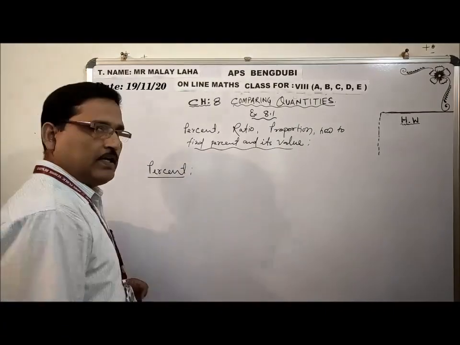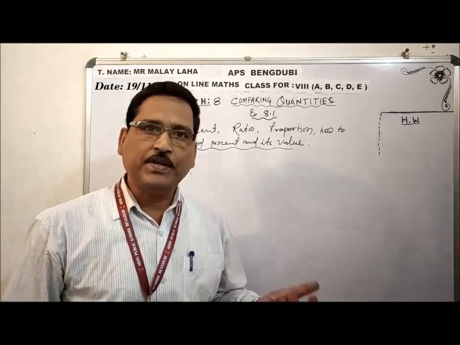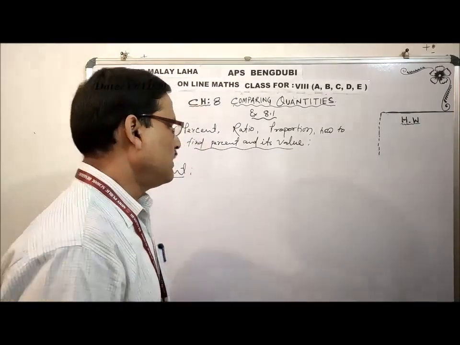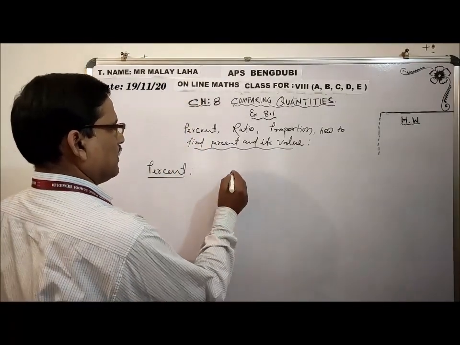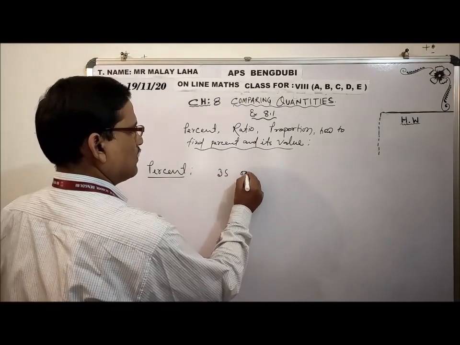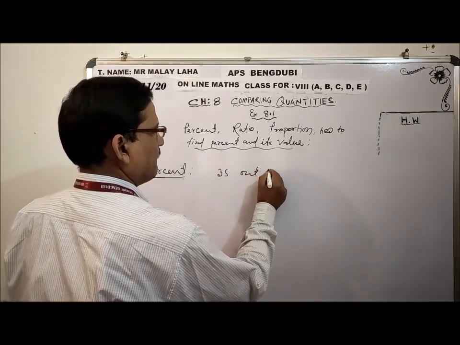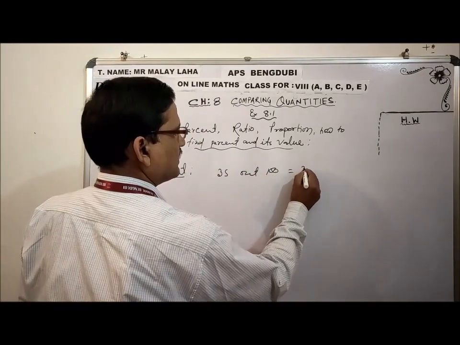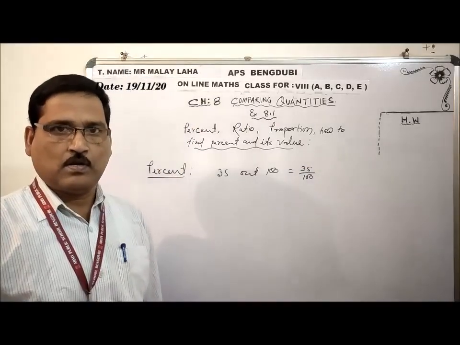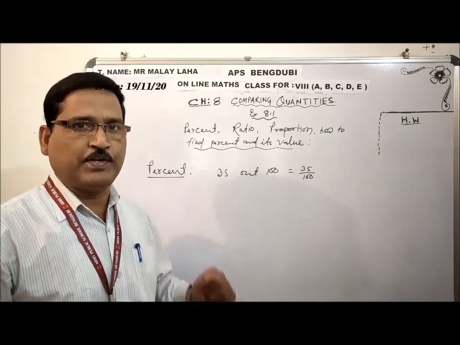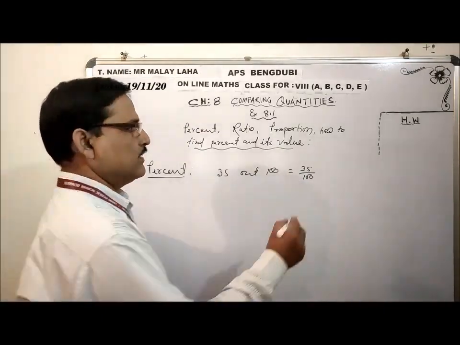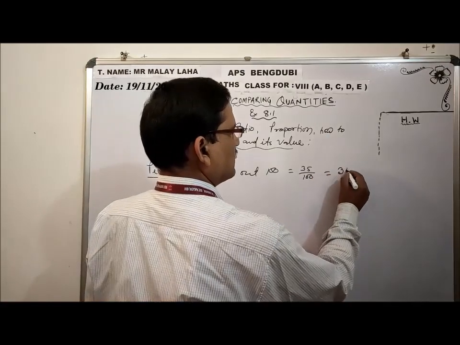For example, say suppose 35 out of 100. How can I write it down? 35 upon 100. 100 should be the denominator.